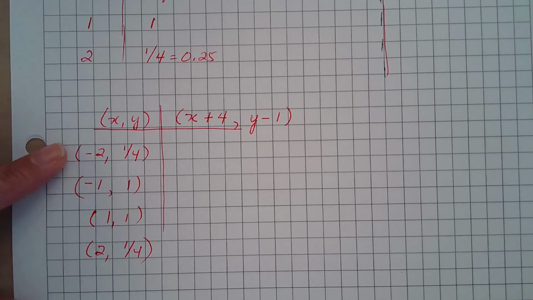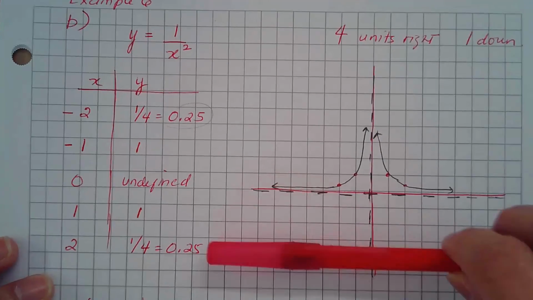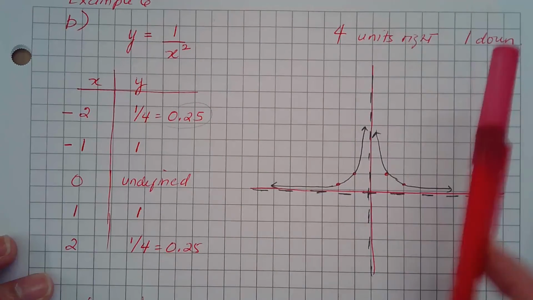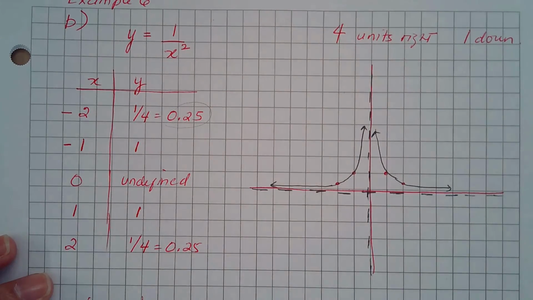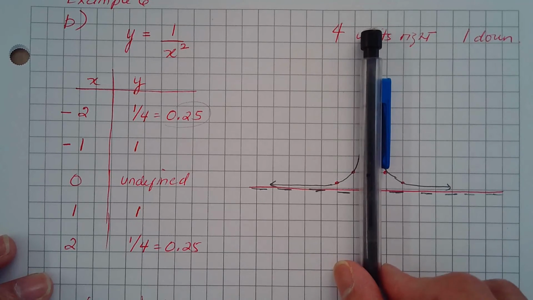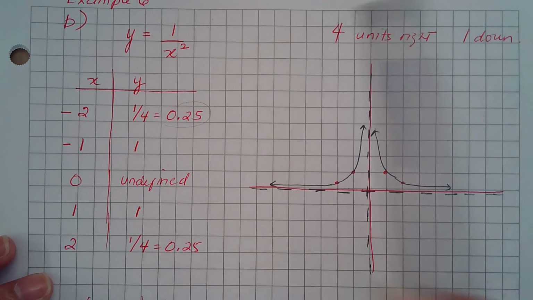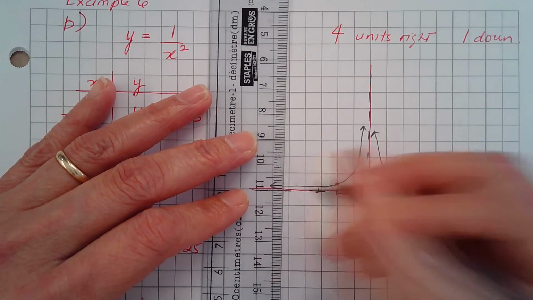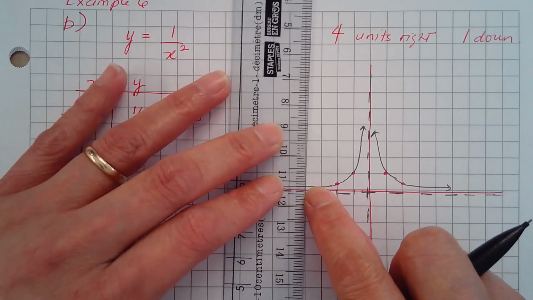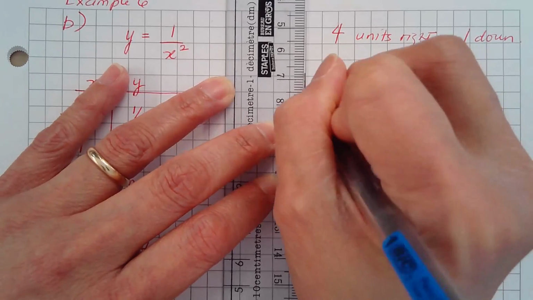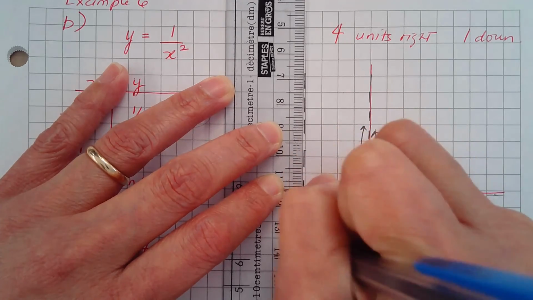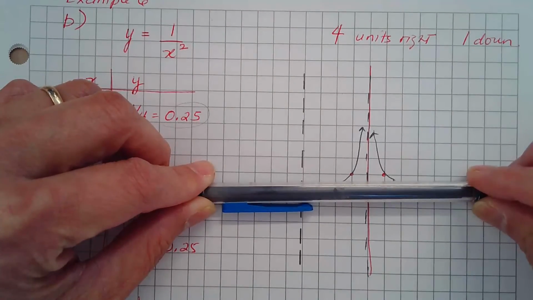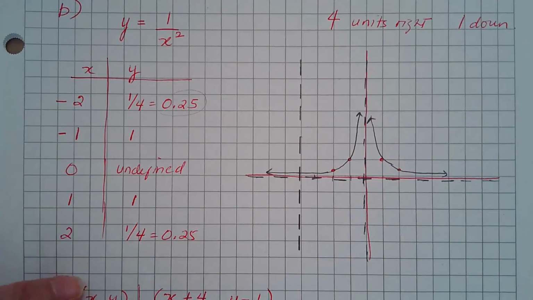Because there's a horizontal and vertical translation, even the asymptotes move along. So 4 units to the right, this asymptote moves to the right: 1, 2, 3, 4. And then this horizontal asymptote will move down.